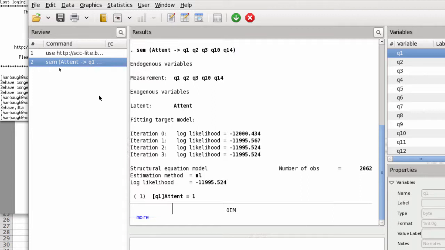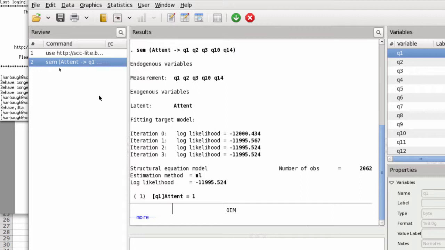I thought they were all variables. Well, they're variables in the sense that they're all measured. Each Q is just one item, and I think they're coded 1 through 5, if I remember correctly.